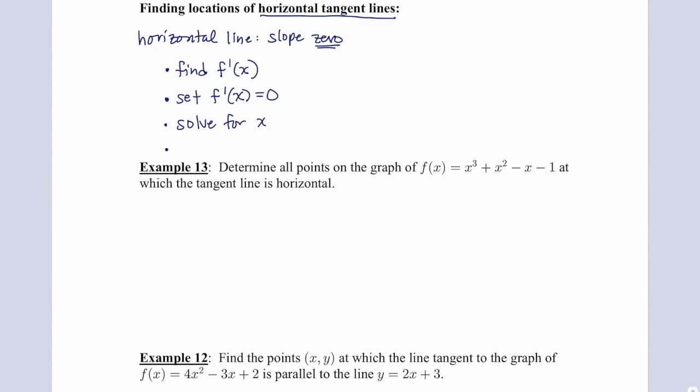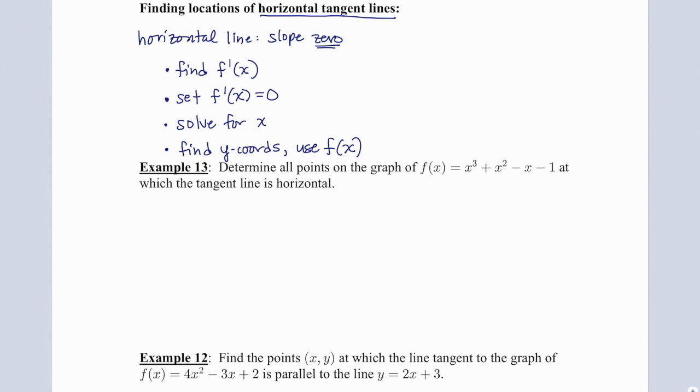And then if we need the y-coordinates, to find the y-coordinates, we use f of x always, not the derivative, right? The derivative tells us the slopes of the tangent lines. The y-coordinates are always coming from the original function.